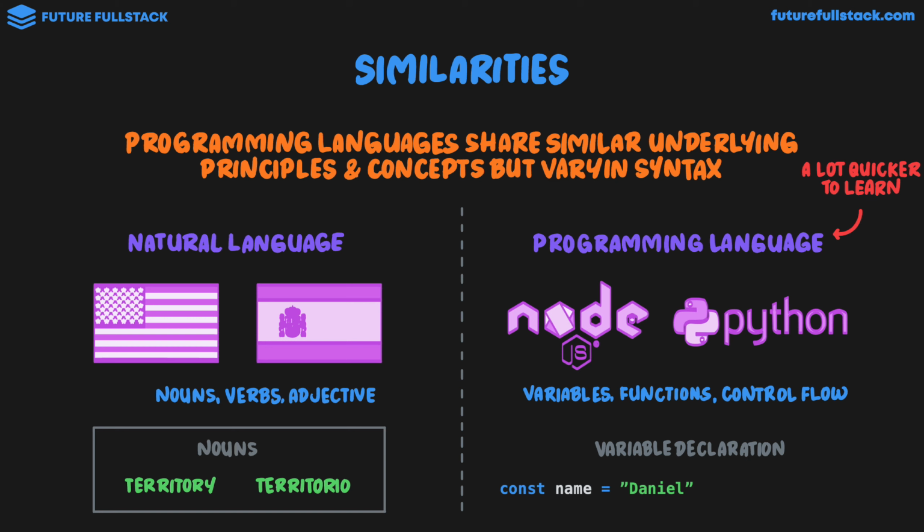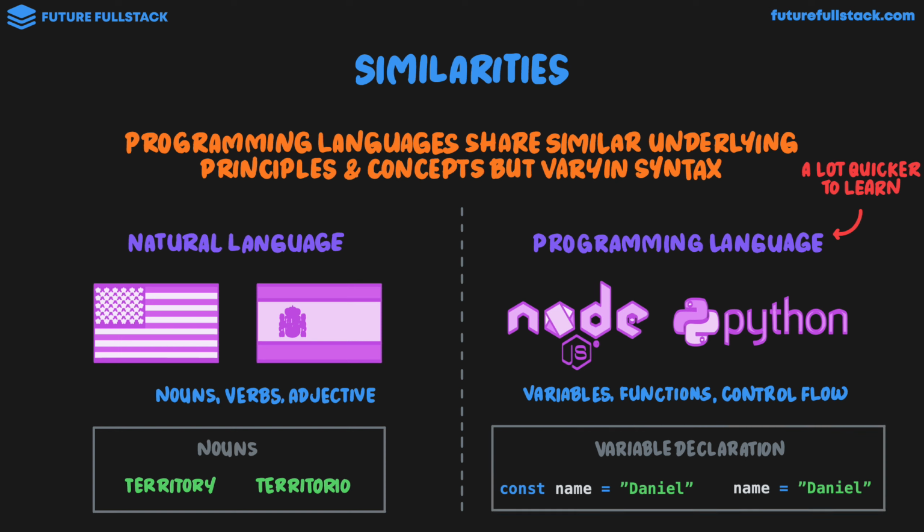In contrast, in Python, a variable is declared by just writing name equals Daniel, without requiring a keyword. At this stage, don't even worry about what a variable is. I just want to get the idea across that the underlying principle of creating a variable is the same, and even the syntax is not too different. The key takeaway here is that taking the time to properly learn one language will help you master other languages a lot faster. The learning curve will be a lot shorter.